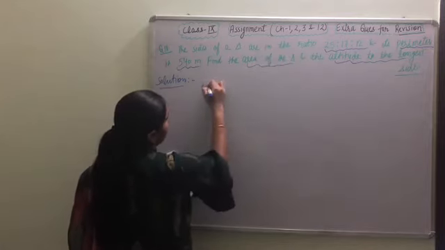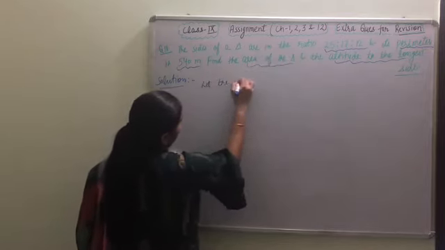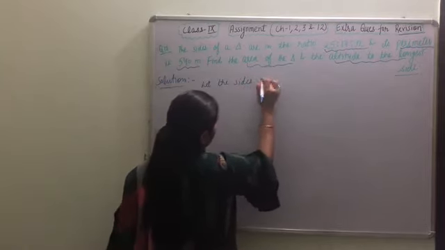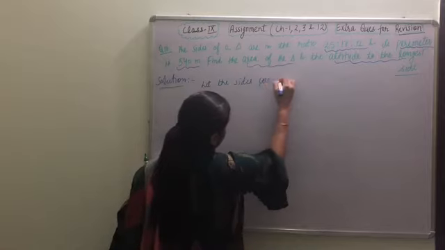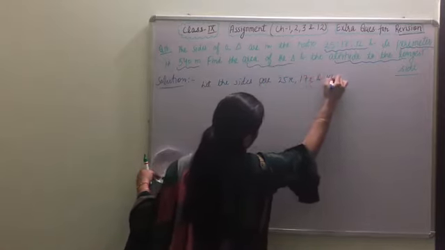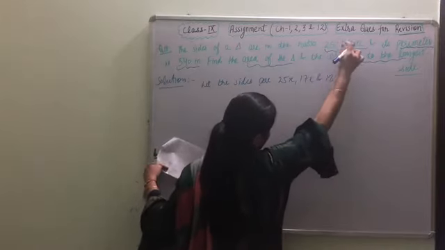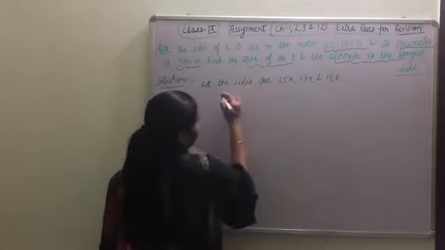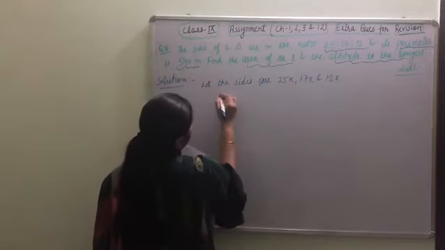Let the sides be 25x, 17x and 12x, where x is the variable. Now the perimeter is given as 540.